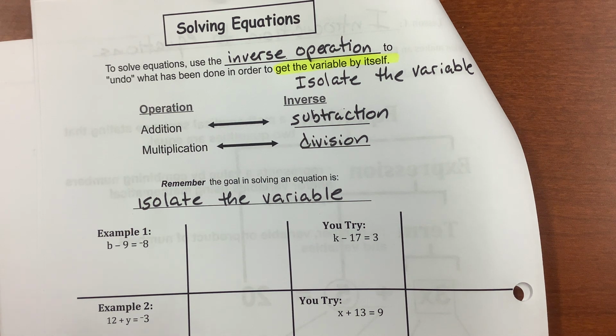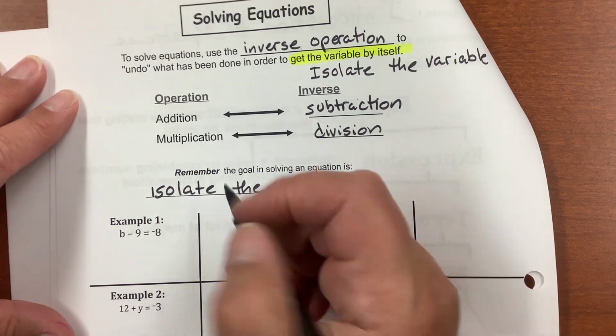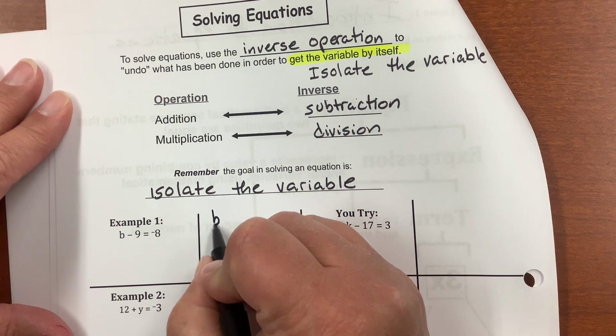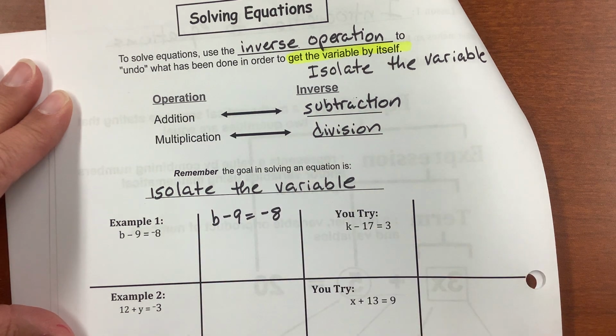So the steps to solving a problem: rewrite the problem, show the inverse, and the last step is the variable equals the solution. So I'm going to rewrite my problem. B minus 9 equals negative 8. It's always the inverse of what's by the variable. I want to get the variable by itself.